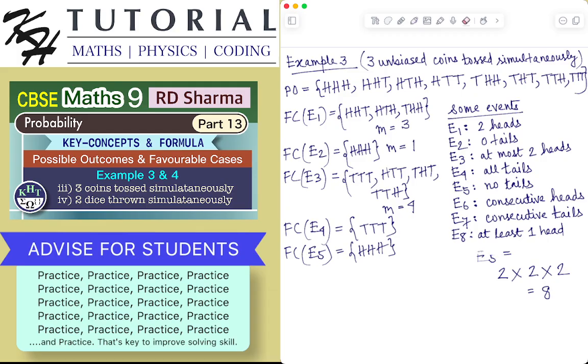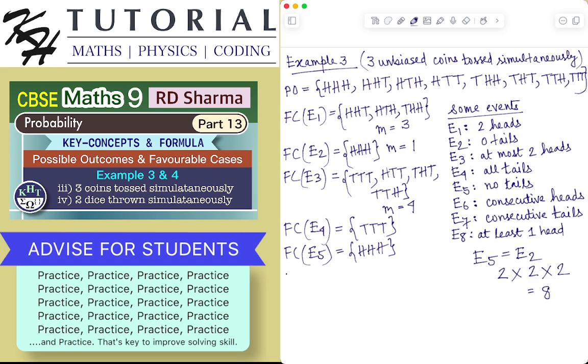Let's see. What was E2? E4 is tail, tail, tail. E5 is no tails. No tails means 0 tails, so E5 is identical to event E2.